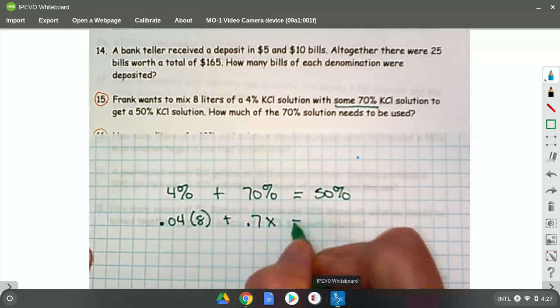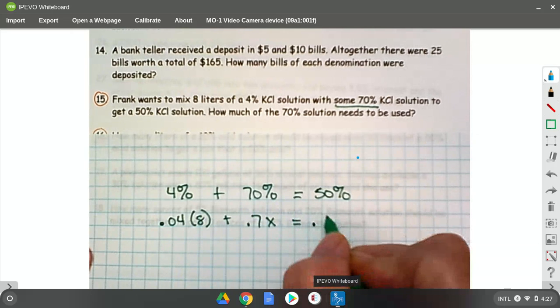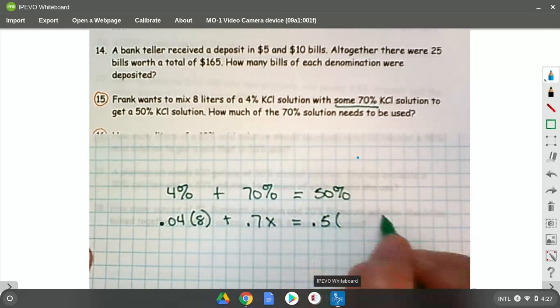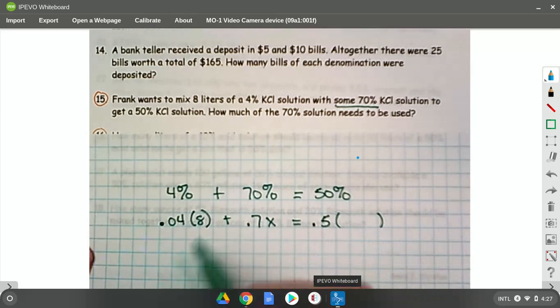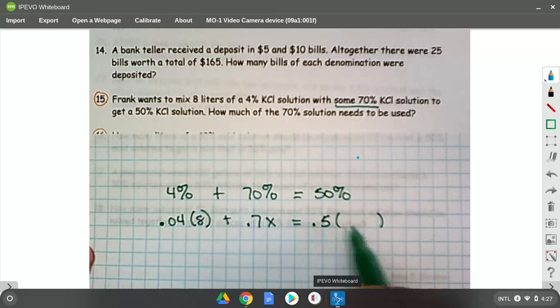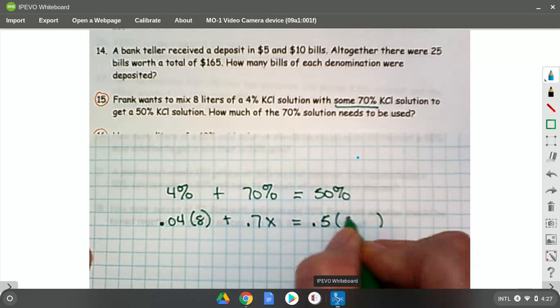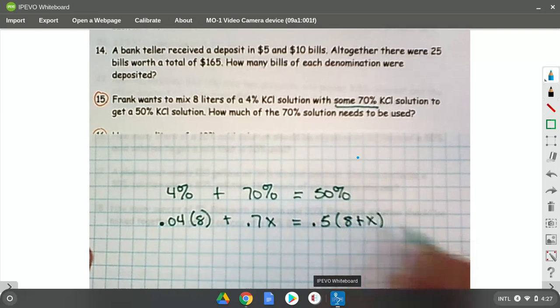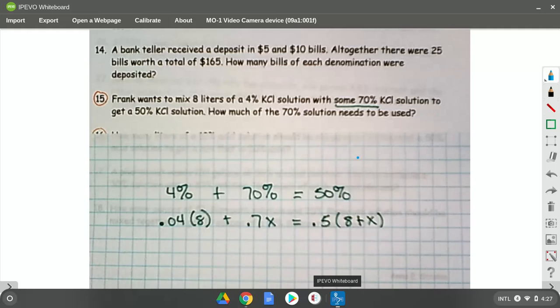All right. So what about for my mix, my final mixture? What quantity am I going to have? I have 8 liters of 4%. I have X liters of 70%. So in my 50%, it's going to be 8 plus X. Okay?